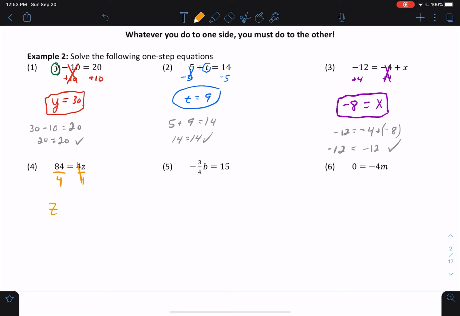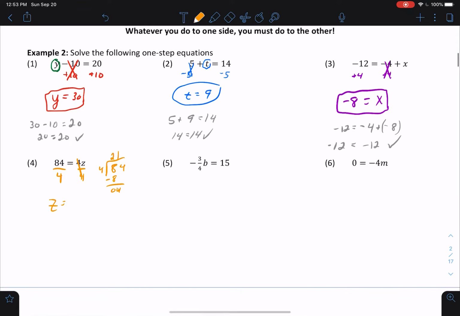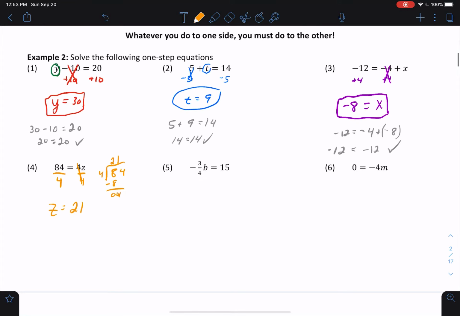And I'll get z equals 84 divided by 4. So I can do that off to the side. So z is going to equal 21.